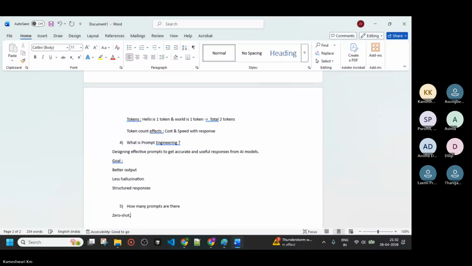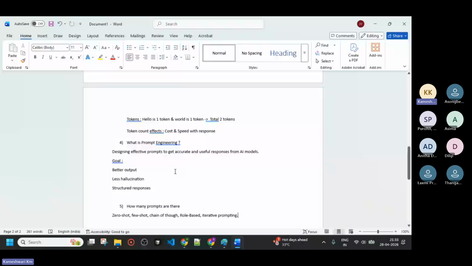Zero shot, few shot, chain of thought, role based, iterative. There are n number of prompting structures, because every day in your company you may design one of the prompt structures and define this as my X company prompt.